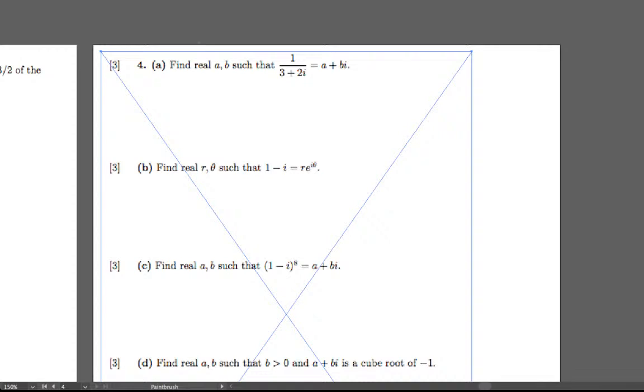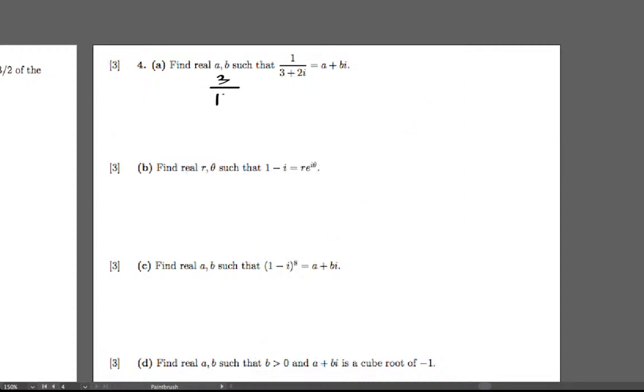Obviously that would mean that the answer would be 3 over 13. That would be a. b would be minus 2 over 13. b equals negative 2 over 13. Yep, that's that. I'm so sorry if my writing is so bad.